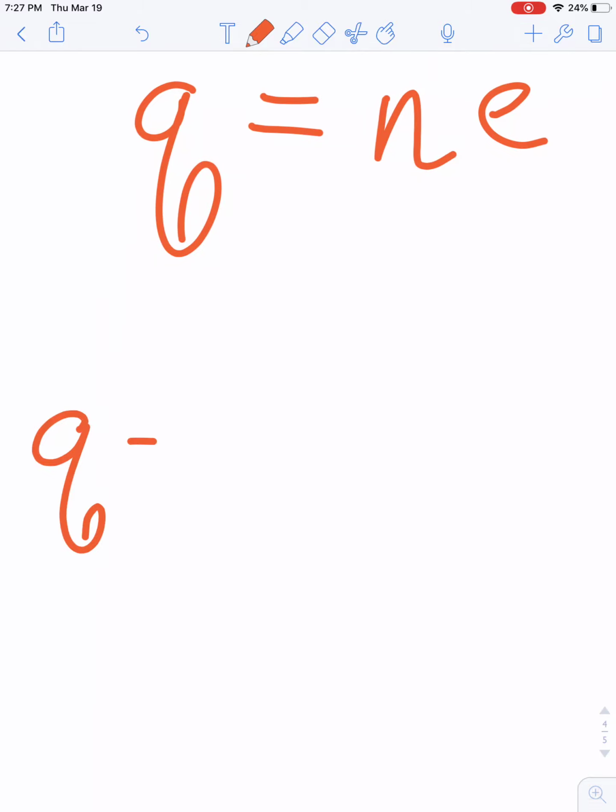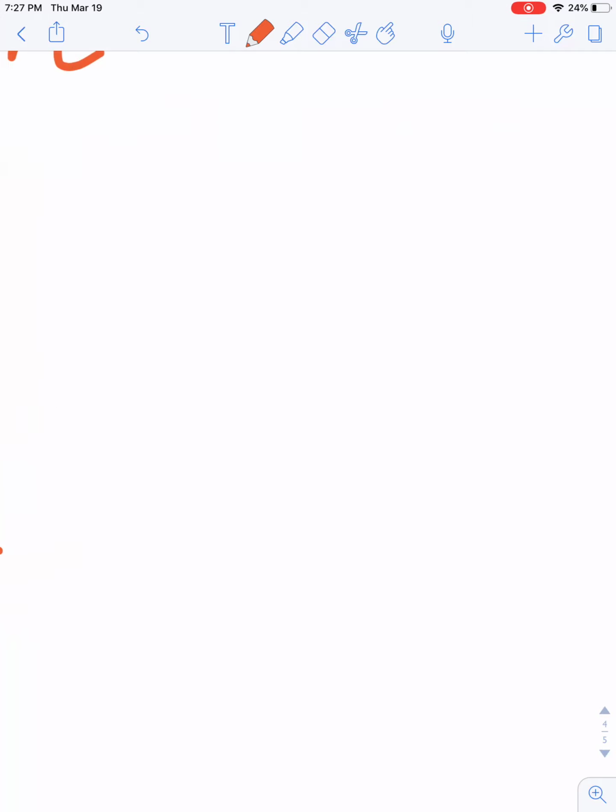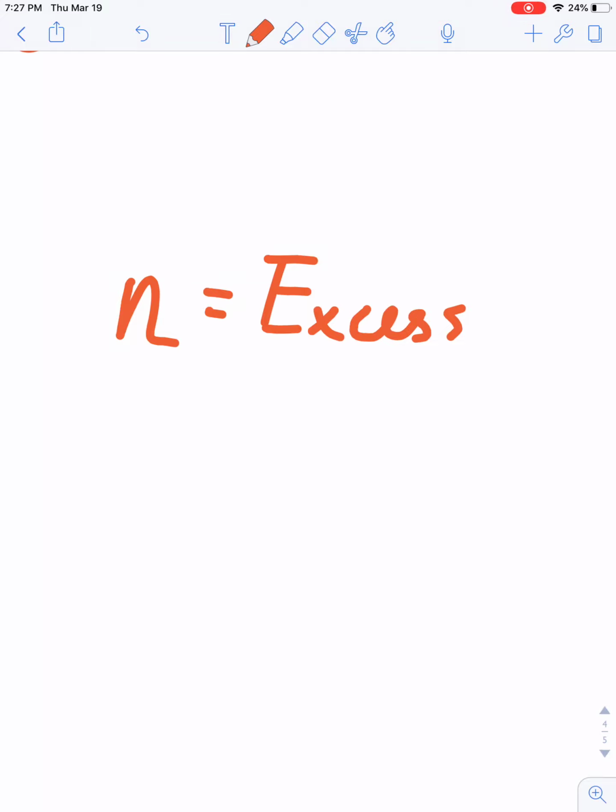So again, Q is going to be the total charge. N, in this case, I'm going to refer to the excess protons or electrons.